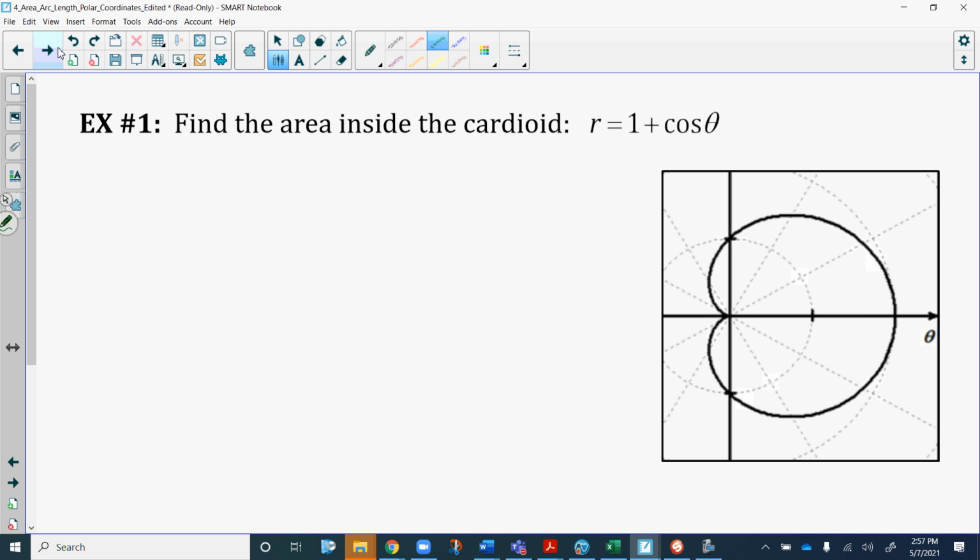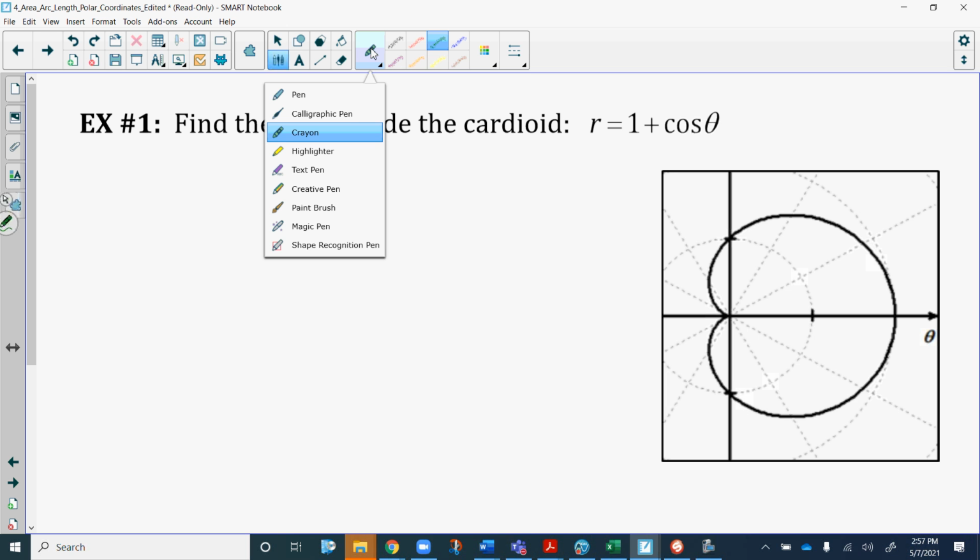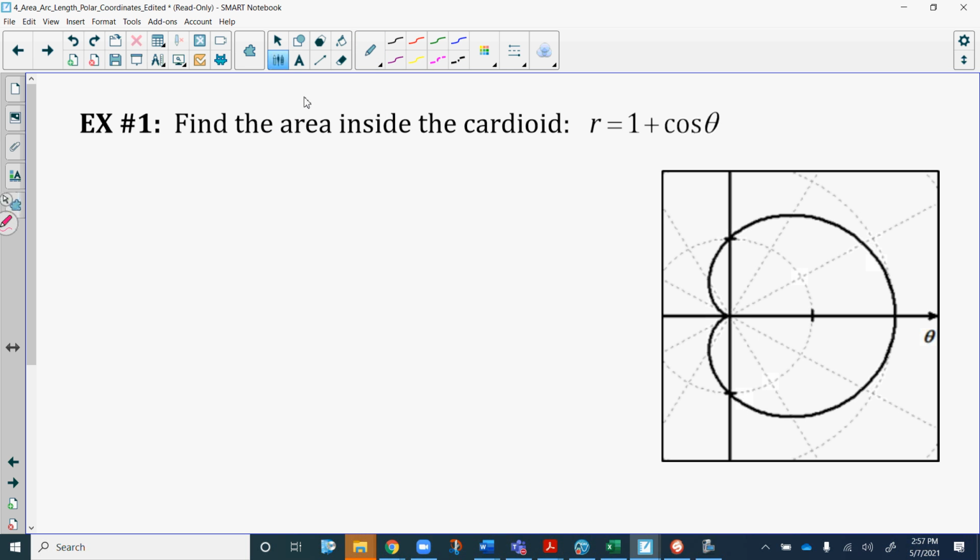Now here, this one is called a cardioid because, if you turn your head to the left a little bit, you can see how this part here and this part here kind of look like the top of what we would typically think of as a heart. So that's why cardiology, cardiovascular, heart, cardioid.